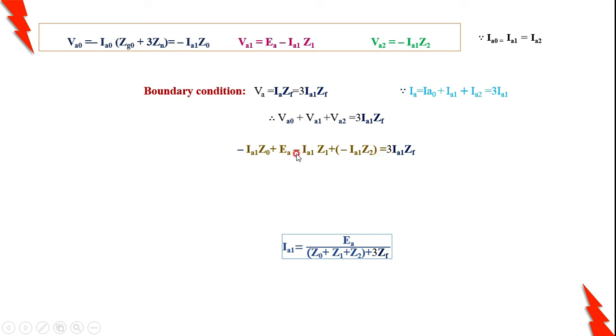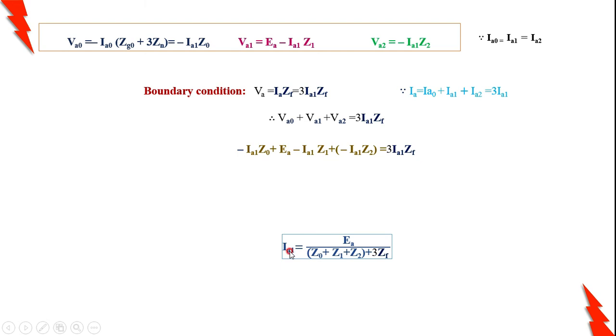Then the EA you are retaining on the left hand side, and it becomes positive. Therefore, what is the coefficient of I1 you are getting? Z0, Z1, Z2 and 3 times ZF are the coefficients of I1 in the different terms. That I am clubbing here, that is Z0 plus Z1 plus Z2 plus 3 times ZF. This is the value of I1.